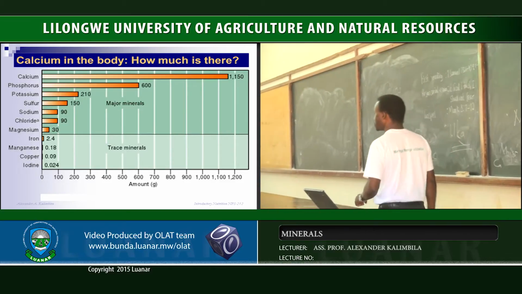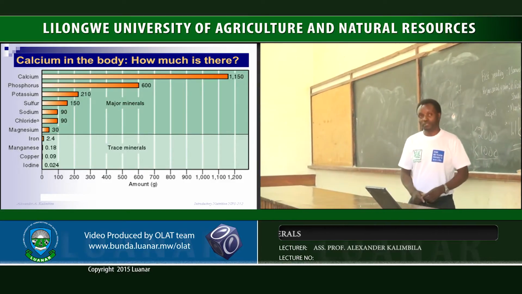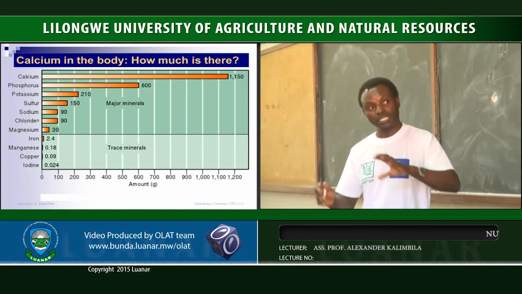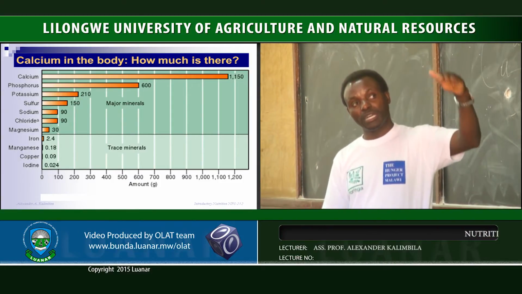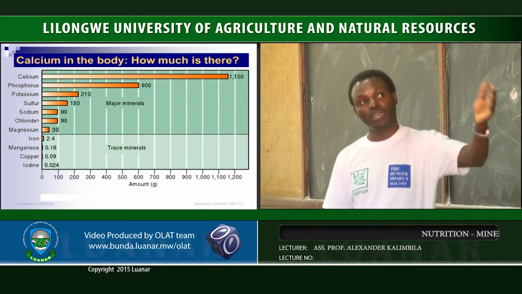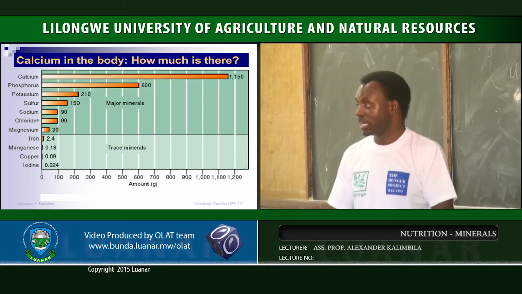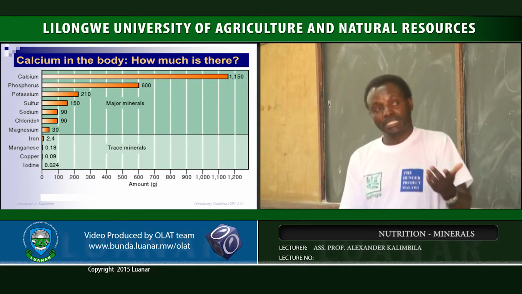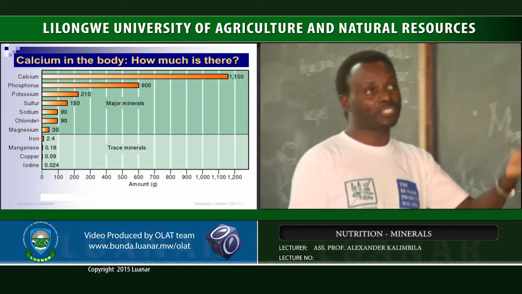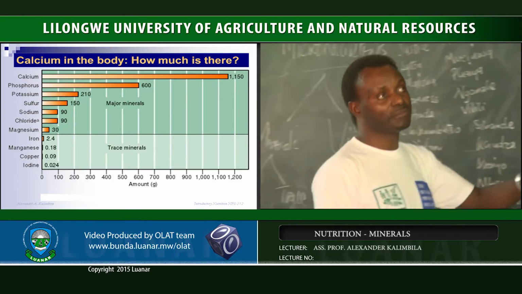Let's compare the minerals across, one by one. What do we notice? If we just look at a range of selected nutrients, what you see is when you look at the major minerals, calcium swings all the way from 0 to 1,150. The next most abundant is phosphorus, and it goes down to sulfur and sodium chloride and magnesium.